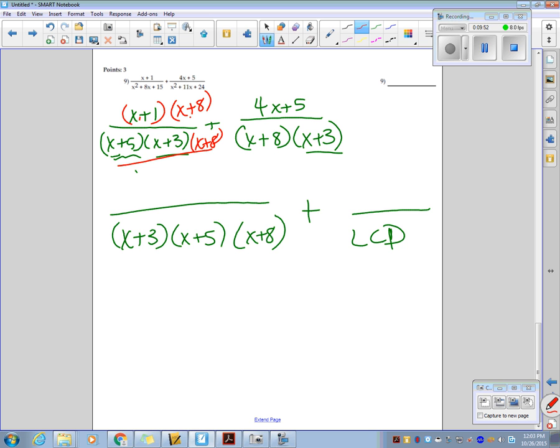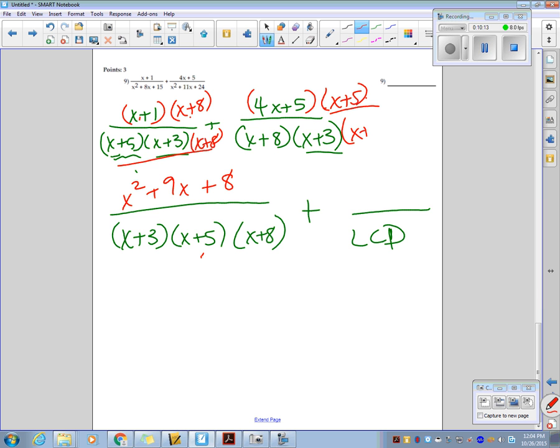And the new numerator becomes x squared plus 9x plus 8. And I FOILed those. Okay? And the second fraction, I'm going to have to multiply by x plus 5 because that's what's missing for this denominator.